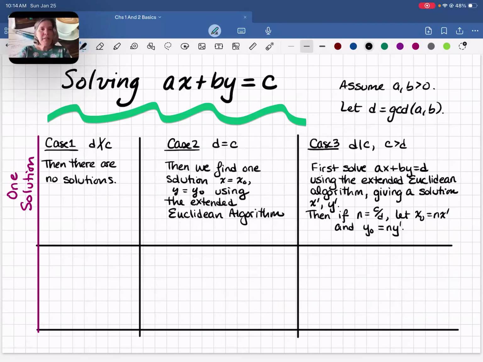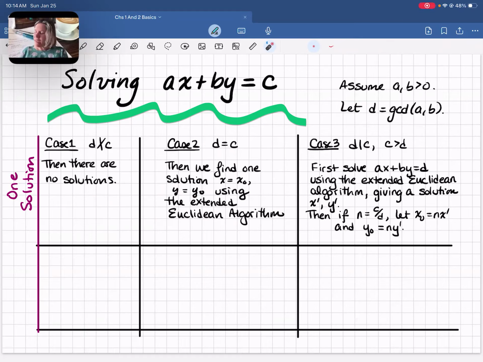All right, let's summarize these 3 concepts. When we're trying to solve ax plus by equals c and find just one solution, let's assume that a and b are greater than 0 for this chart, and we'll let d be the GCD of a and b. The first case is that d does not divide c, and in that case there are no integer solutions. The second case is when c is equal to the GCD. Then we find one solution, x naught, y naught, using the extended Euclidean algorithm.